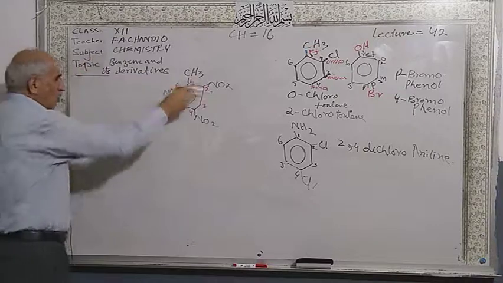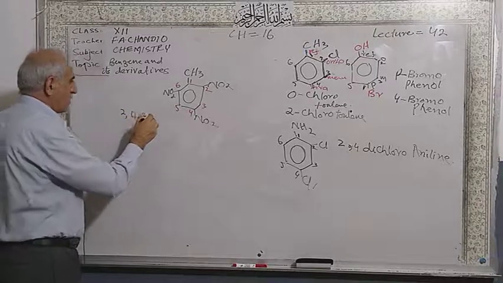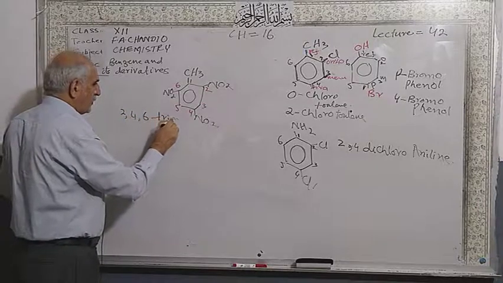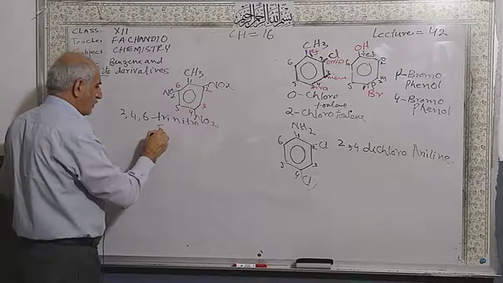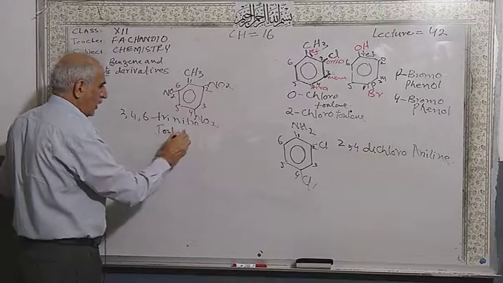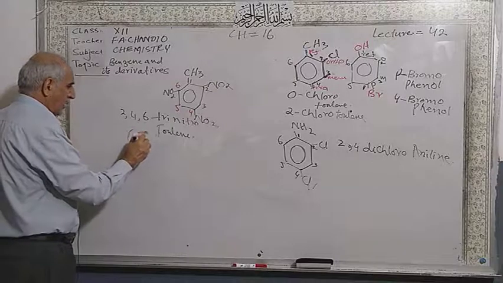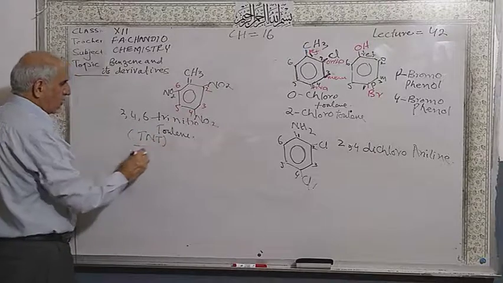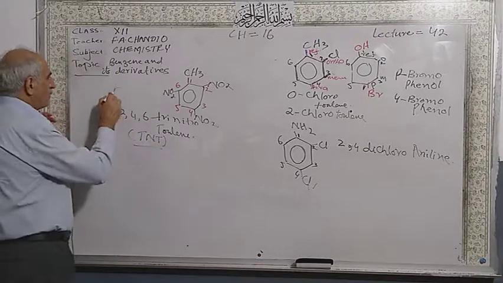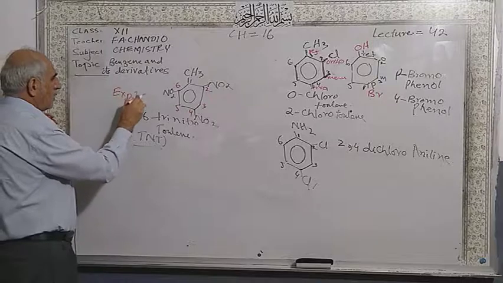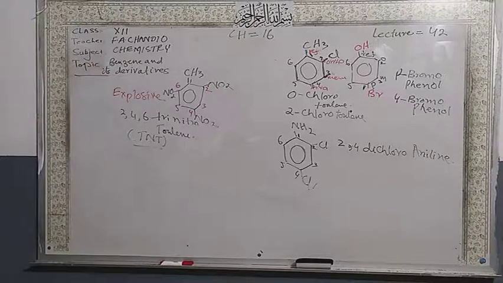So now 2, 4, 6 trinitrotoluene, and we generally call it TNT. We call it TNT, and it is highly explosive.